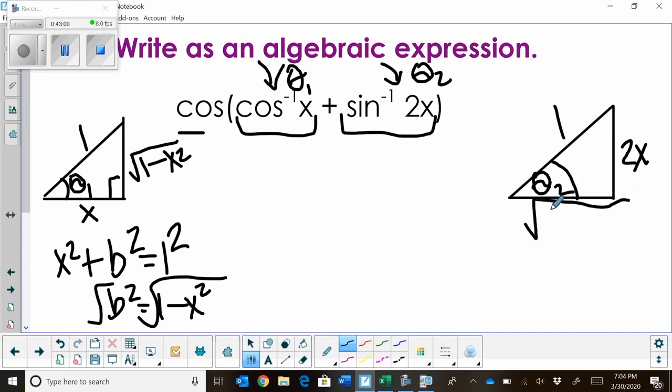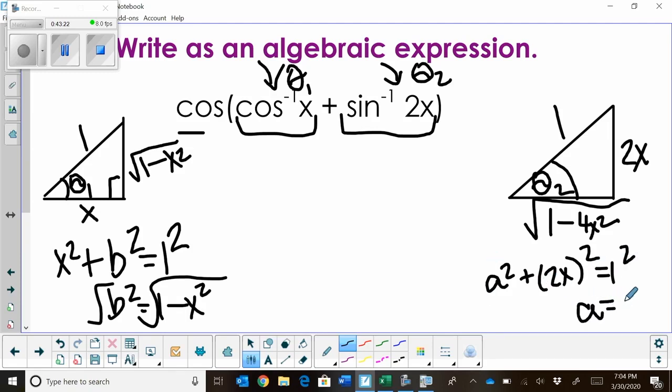Using the Pythagorean theorem, it's the square root of 1 minus 4x squared. Remember, we had to square the 2x. If you couldn't remember that, you can do a squared plus 2x squared is equal to 1 squared, and then work from there to get a. The a ends up being 1 minus 4x squared, and then you have to take the square root of all that. So that's where it comes from.